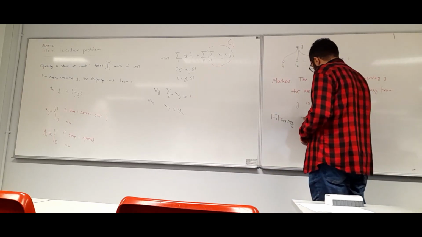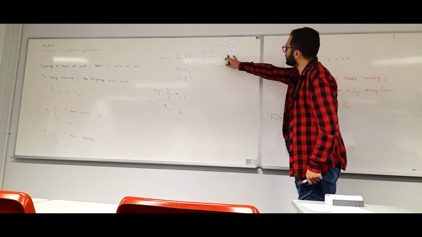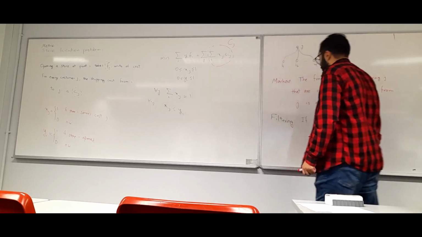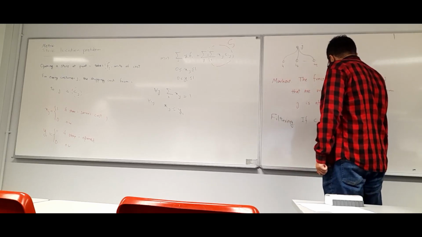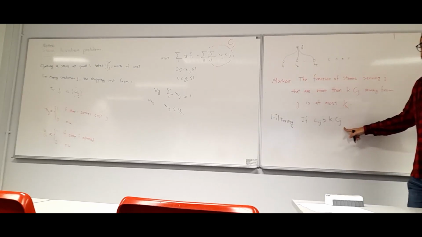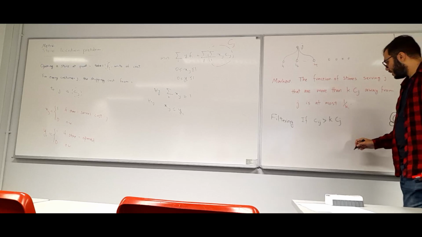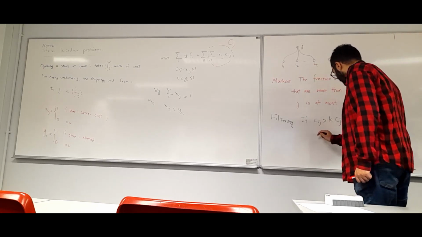So I say if Cij is the distance from customer J to store I, so if Cij is more than K times this Cj, which was the average distance, then just set that Xij to 0.